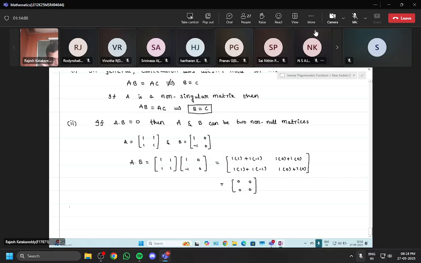Third one. Matrix multiplication is commutative if one of them is identity or null.